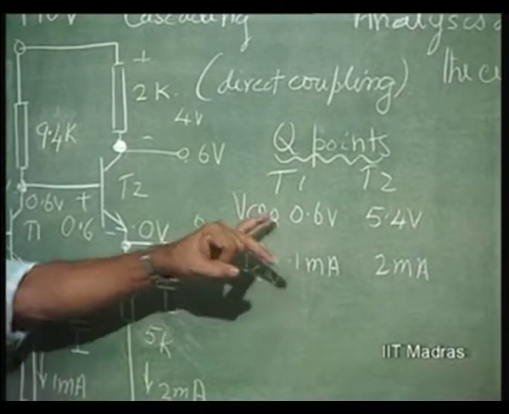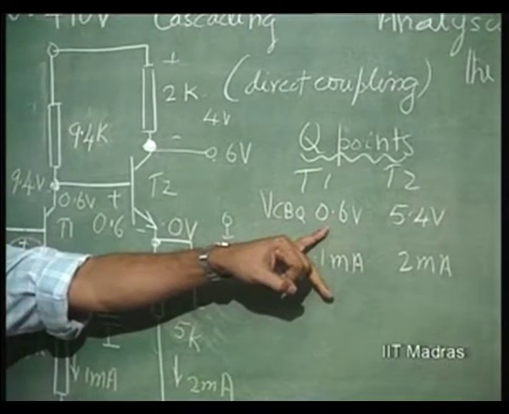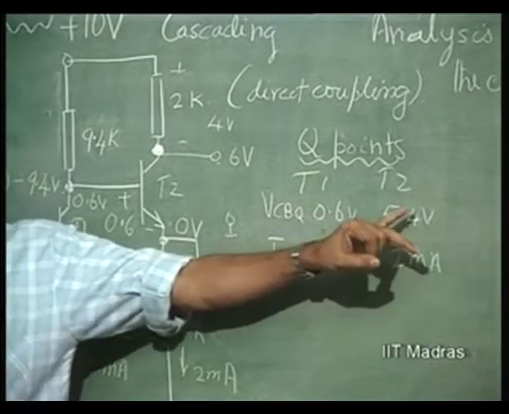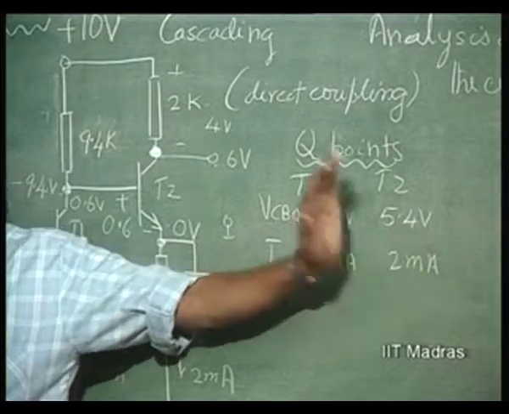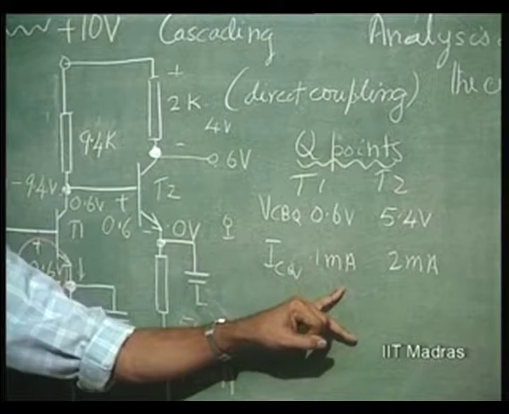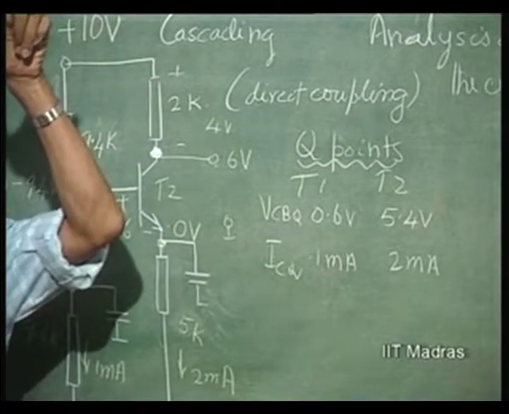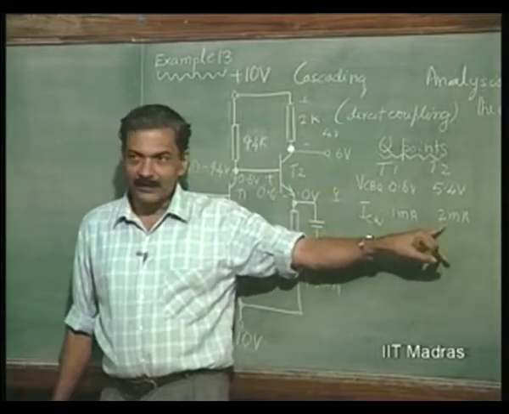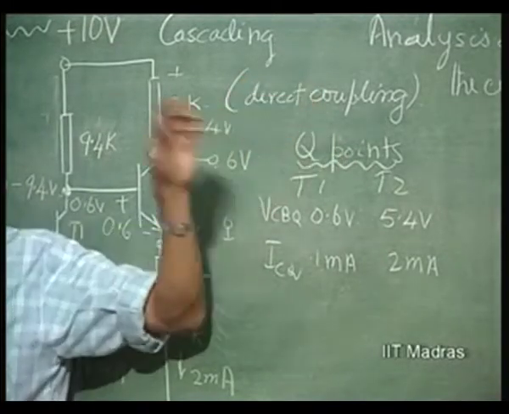This one can give you a swing of 0.6 volts on one side before it goes to saturation. This can give a swing of 5.4 volts before it goes to saturation, appropriately designed. This current is going to swing from say 1 milliampere all the way up to 2 milliamperes it can go, and 0 milliampere it can come. Similarly, this can go up to 4 milliamperes, that way.